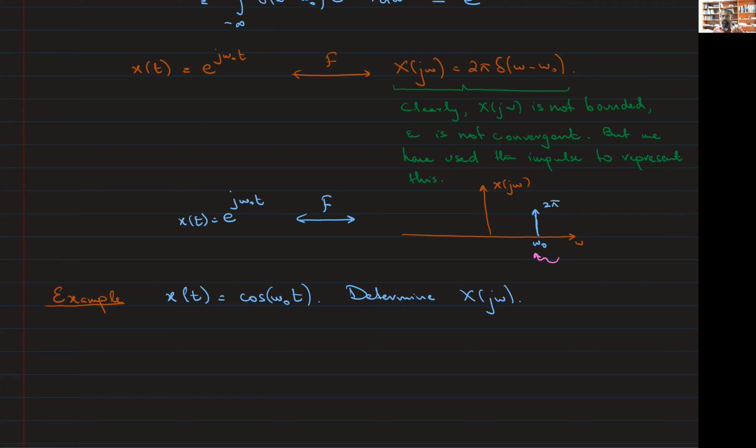Now, what about cosine omega naught t? If I ask you to find the Fourier transform of cosine omega naught t, what would that be? How do I go about this? Okay, excellent. So Ibrahim says, why don't we use Euler's identity?